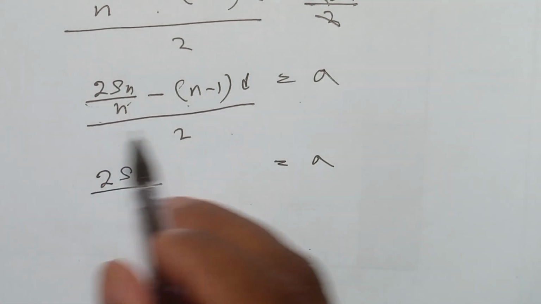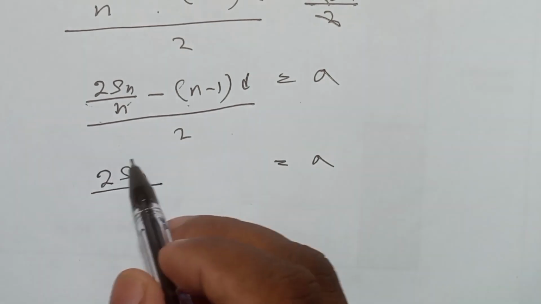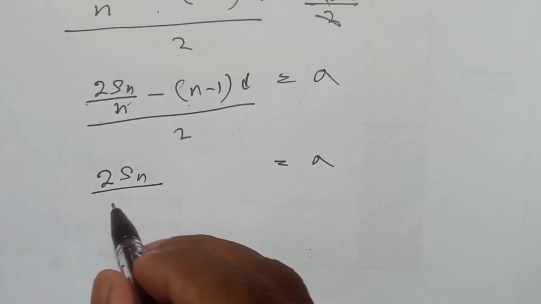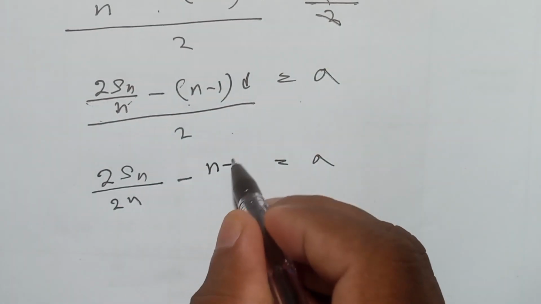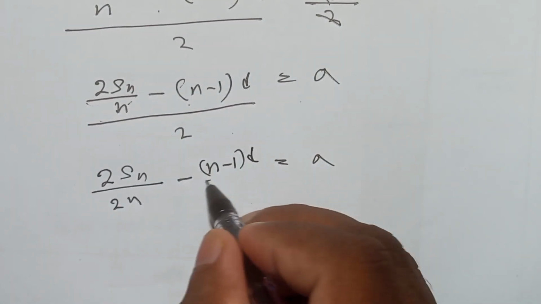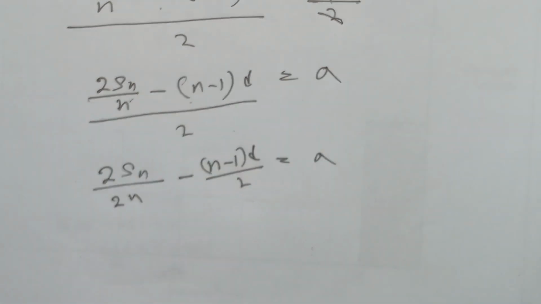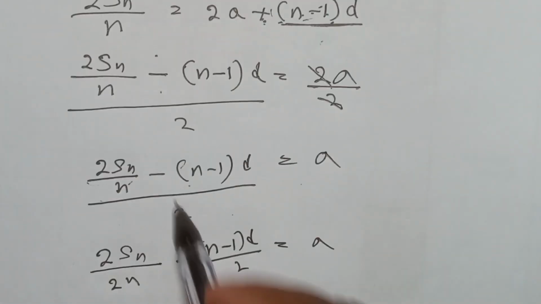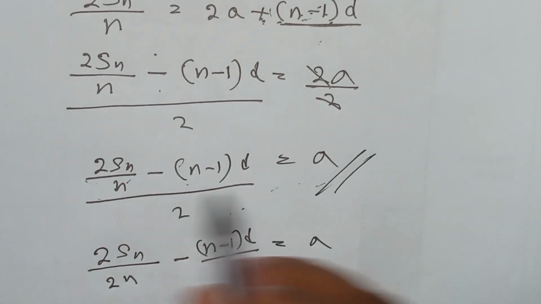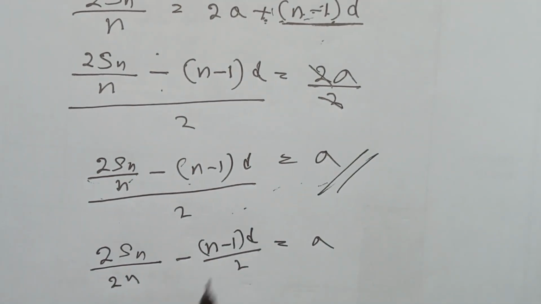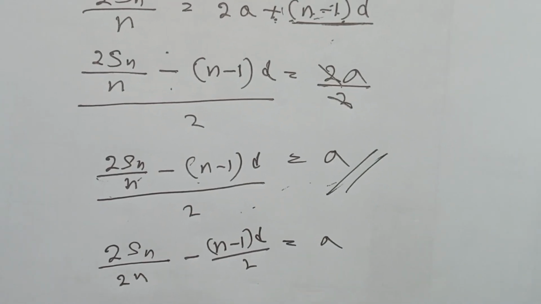So here we have just n, that means it will be 2n. And here again, this is divided by 2, so you can write n minus 1 d divided by 2. Someone can write it even this way, that is also okay, but if you did till here, that's correct. This is the answer they expect, right? You make a the subject.